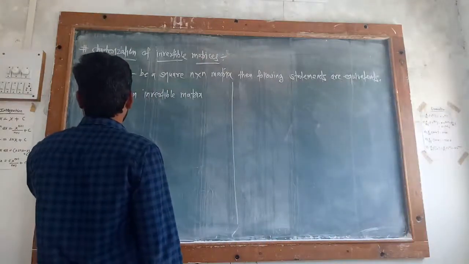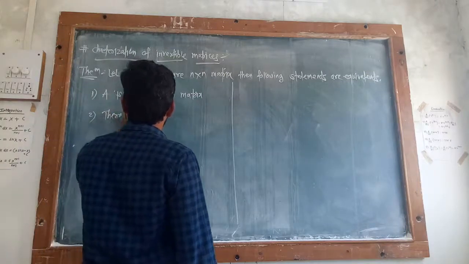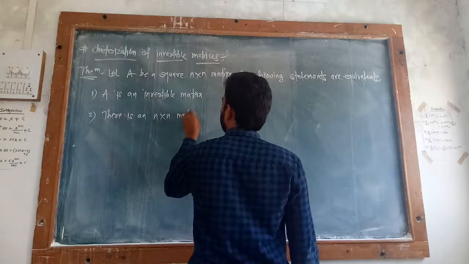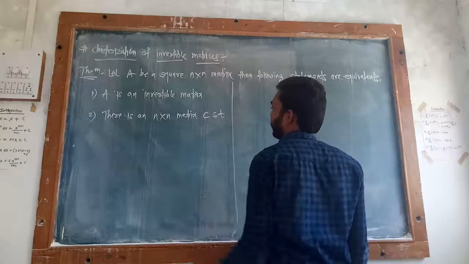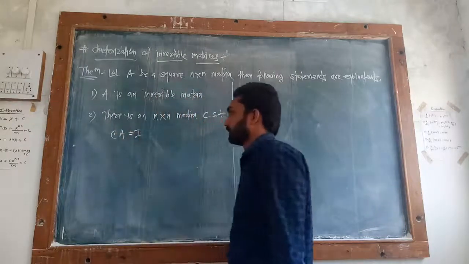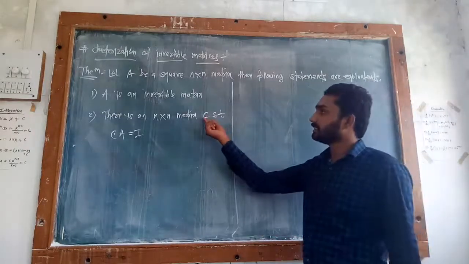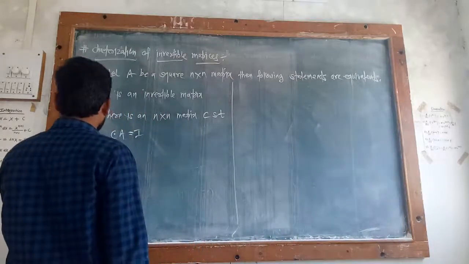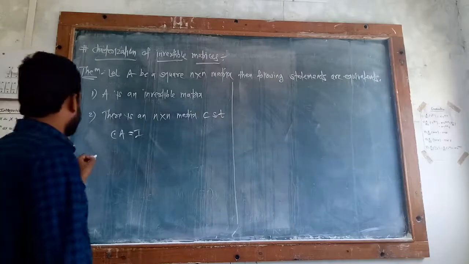Second statement is: there is an n cross n matrix capital C such that C into A equals the identity matrix.